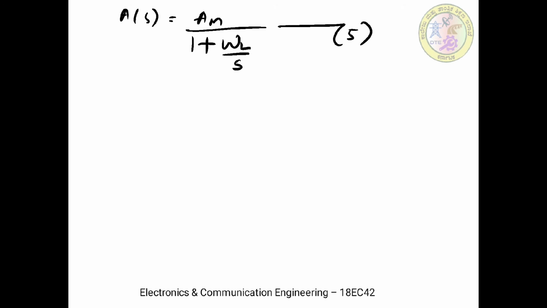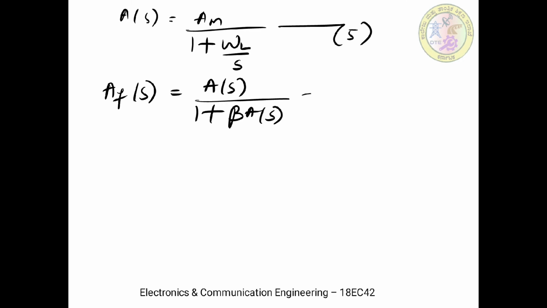It is given by A of S equal to AM divided by 1 plus omega L by S. Now this is the expression for amplifier gain at the lower 3 dB frequency. And we know this AF of S will, as usual, be given by A of S divided by 1 plus beta into A of S.